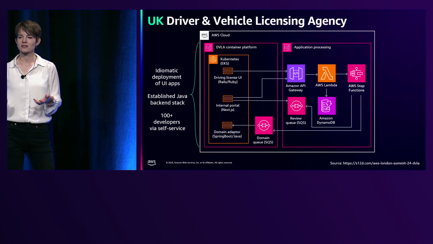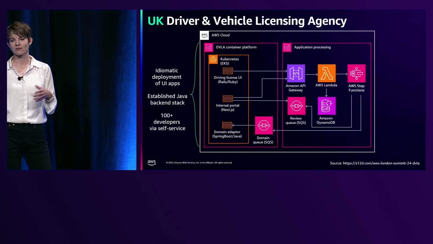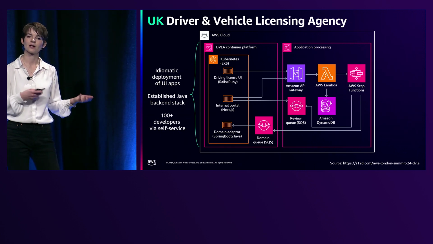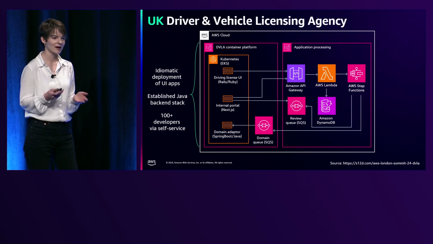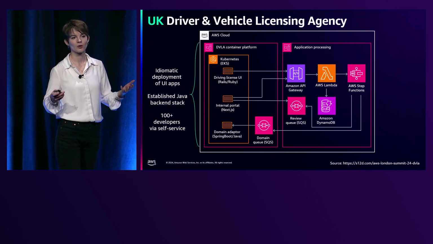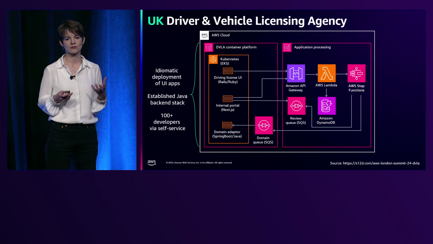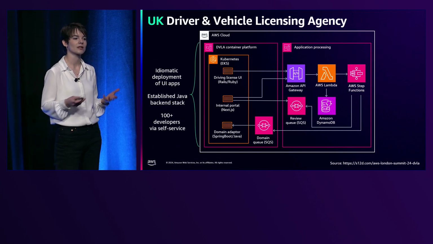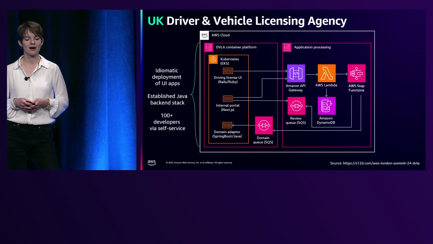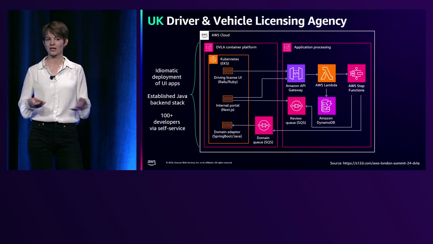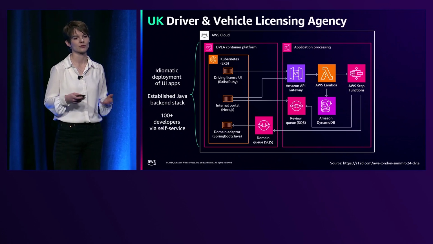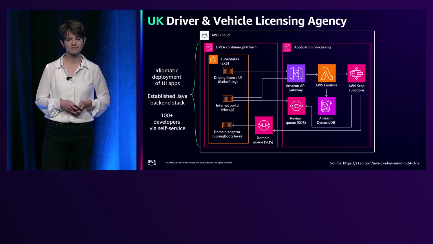And they also have a standard component for Java. So they have a very stable and mature Java stack that they run as a container. And that allows them to use over 100 Java components and libraries, make use of Java best practices like connection pooling for accessing their databases. And there's over 100 developers that are making use of this containers platform to build their application self-service.